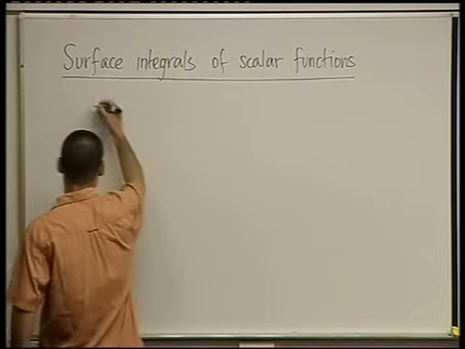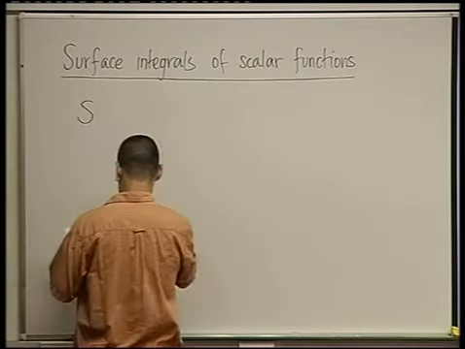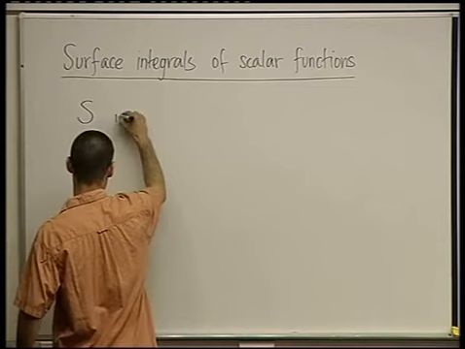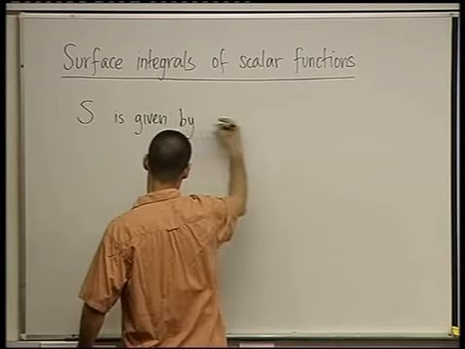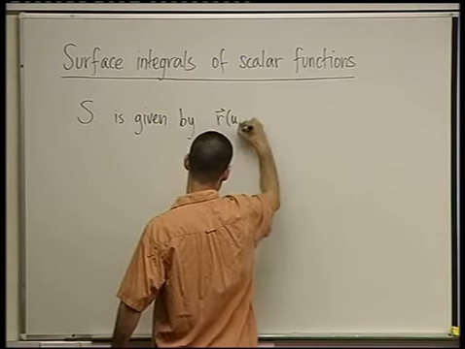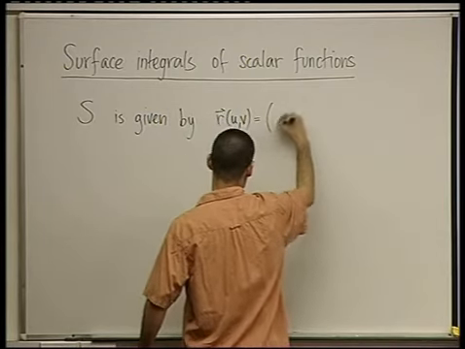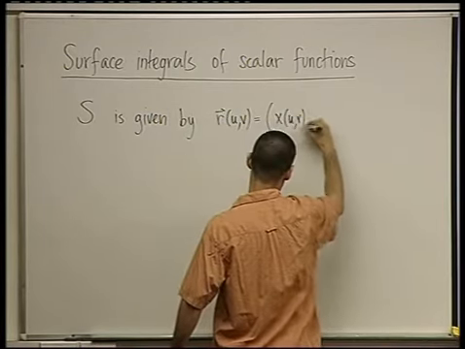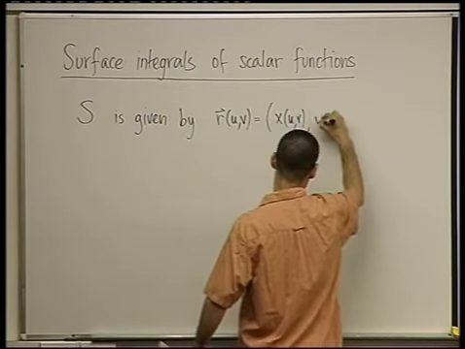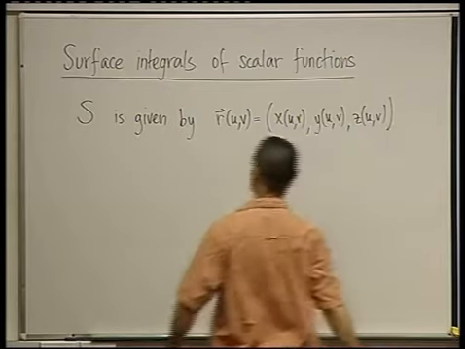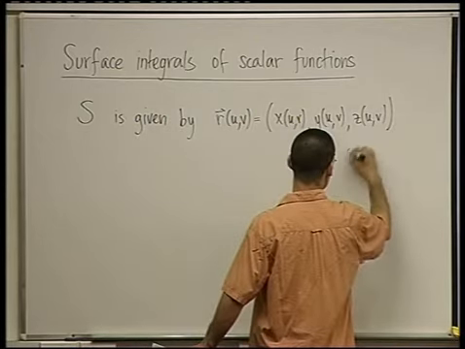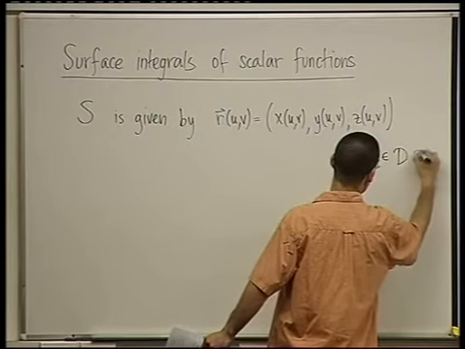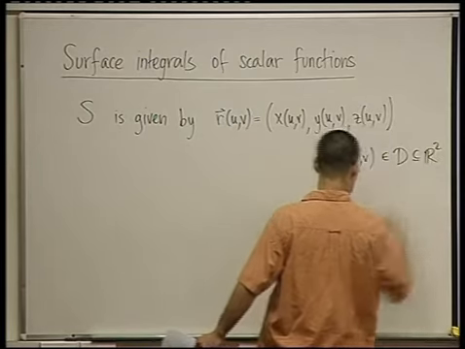So S is a surface given by a parametrization R of u, v, which is x of u, v, y of u, v, z of u, v. So that's the parametrization, where u and v belong to some domain D in R2.